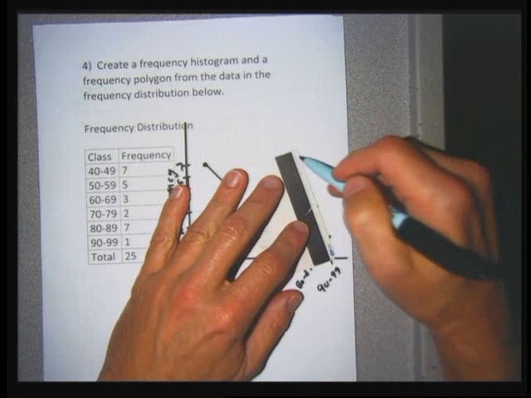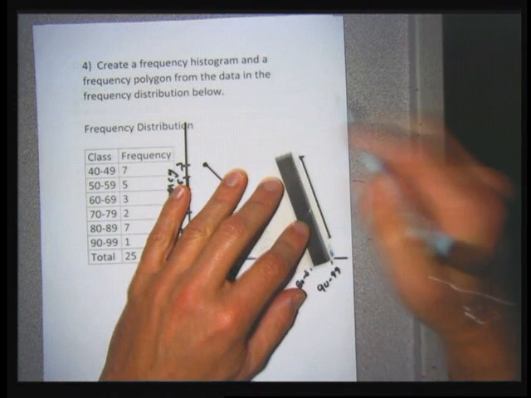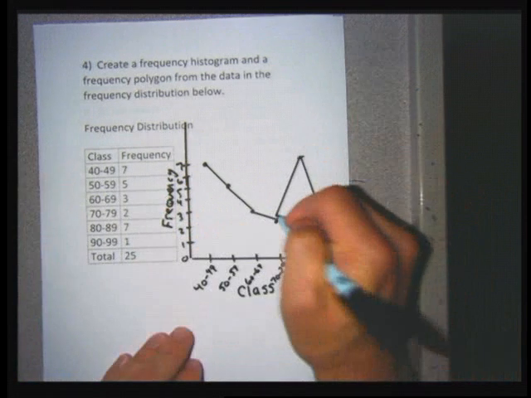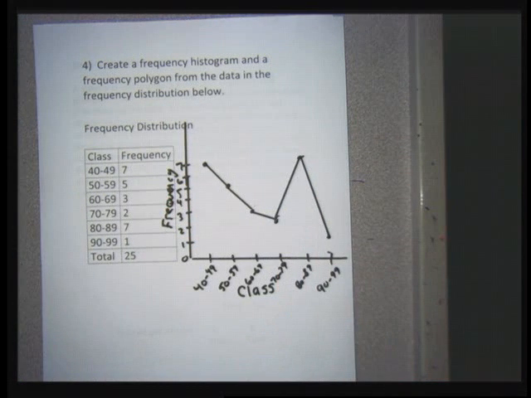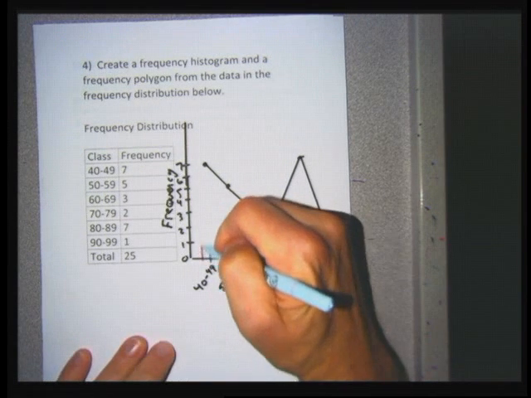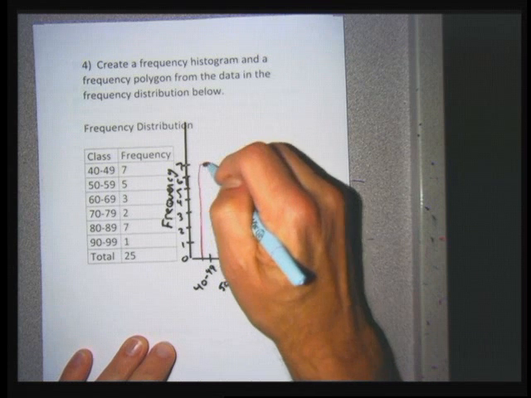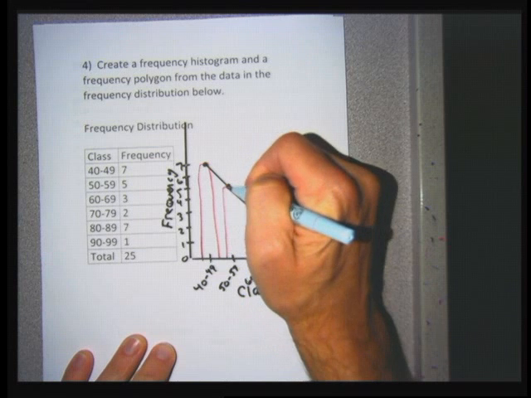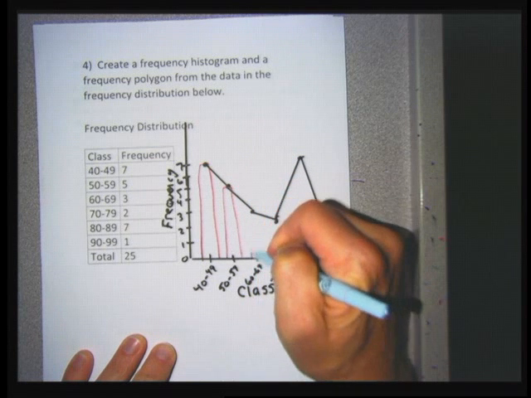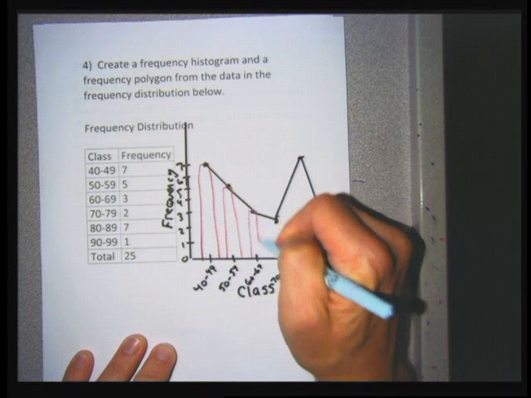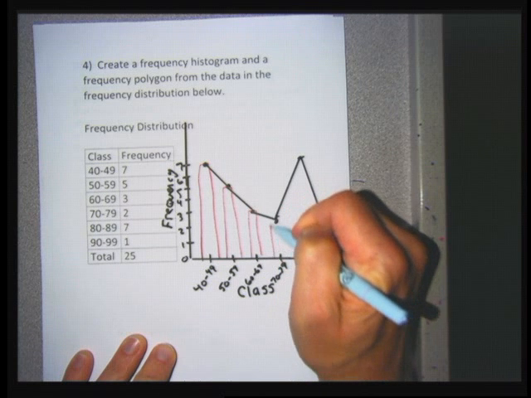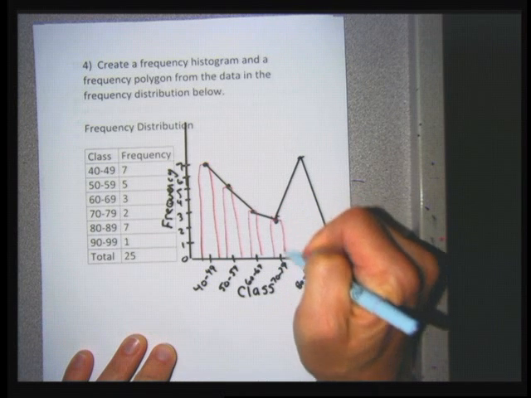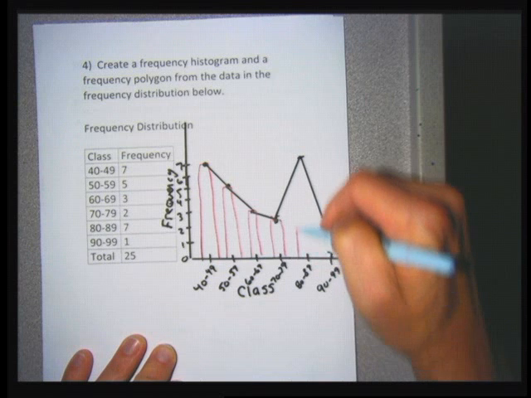And then I like to pull out a different color to do the histogram. So there's more or less my frequency polygon, a good enough frequency polygon for this distribution. And then I'm going to make my histogram. Again, I'm being consistent with what Excel gave me in terms of the bars not being connected. I hardly care if you connect the bars.